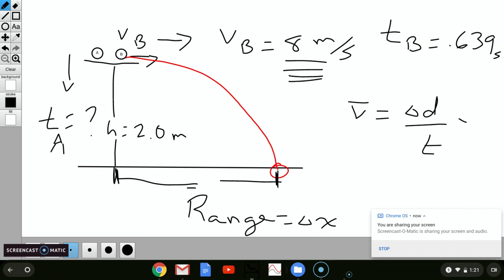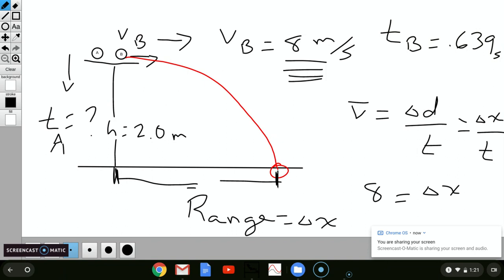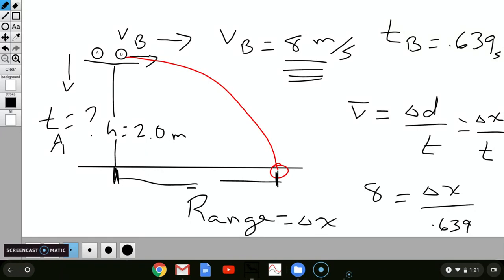Now, in this unit, because delta d becomes a little bit ambiguous, we're going to call that delta x to represent that we're moving in the x direction. So if we do this, we get an average velocity of 8 equals delta x over 0.639.